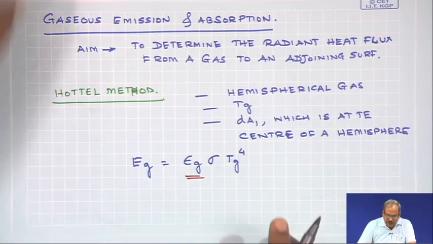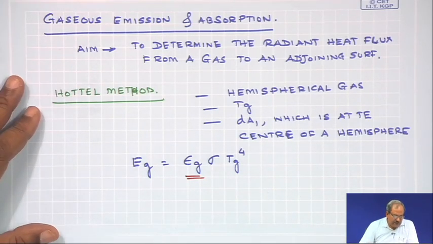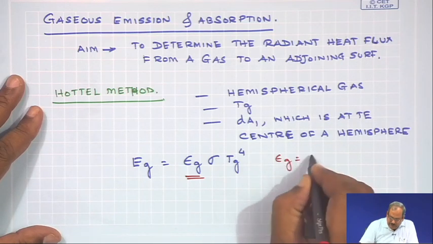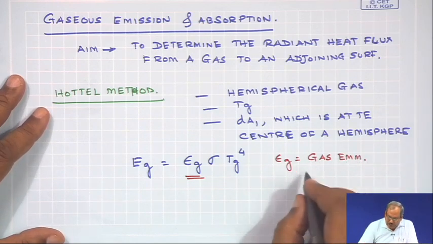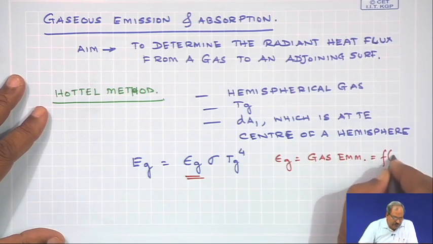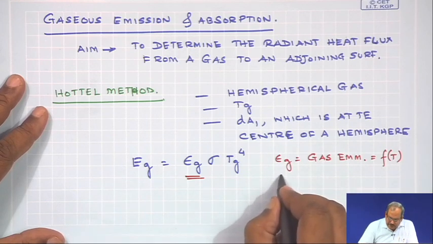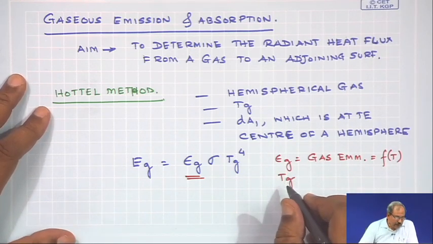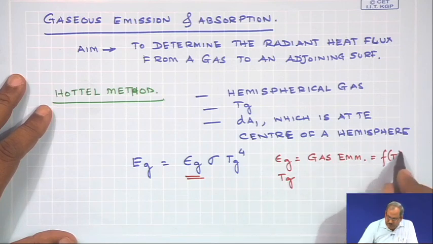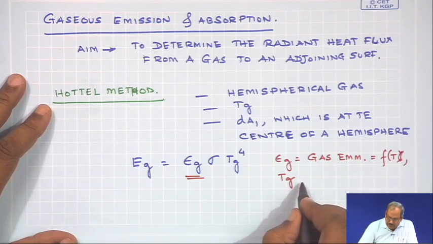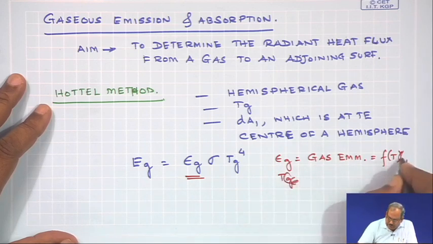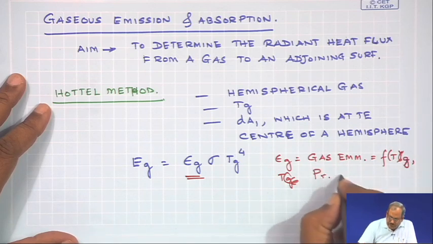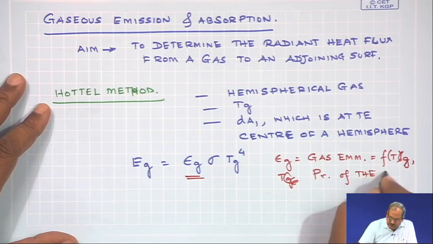This epsilon g, we already know what it is, the gas emissivity, and obviously it is going to be a function of the temperature of the gas, it is going to be a function of pressure of the gas and so on.